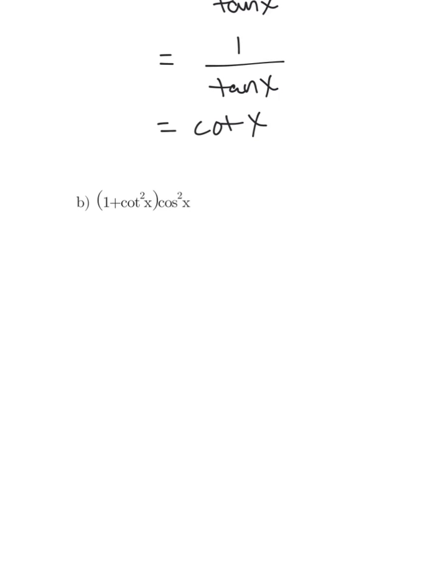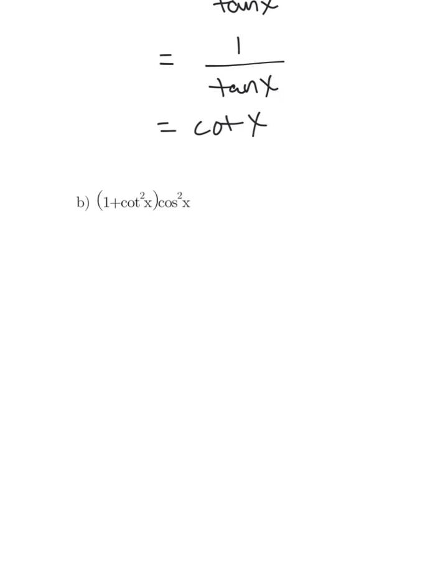On example B, we have the quantity of 1 plus cotangent squared times cosine squared. One of the things that you need to look for when you have squared trig functions is, is there a Pythagorean identity in there somewhere?